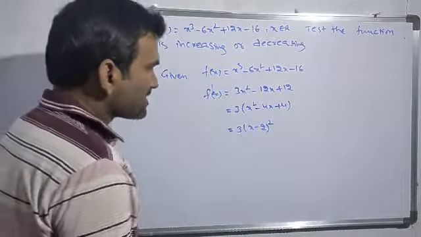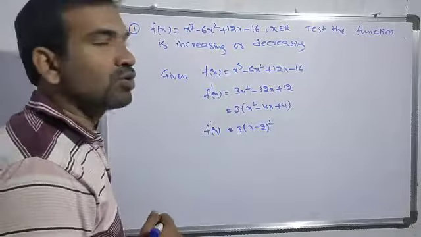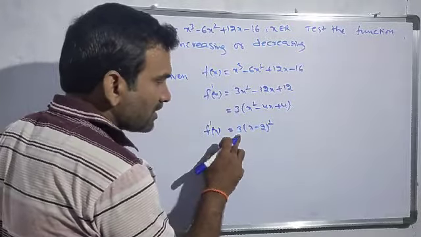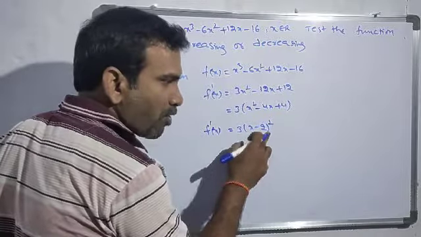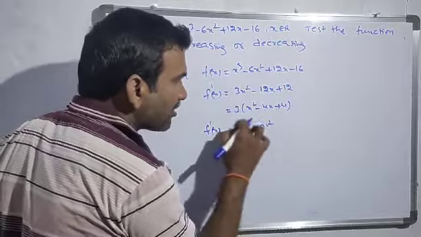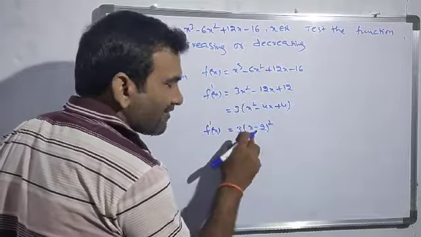So finally f dash of x is 3 into x minus 2 whole square. Here 3 is a constant, so whether it is greater than 0 or less than 0 depends purely on x minus 2 whole square.